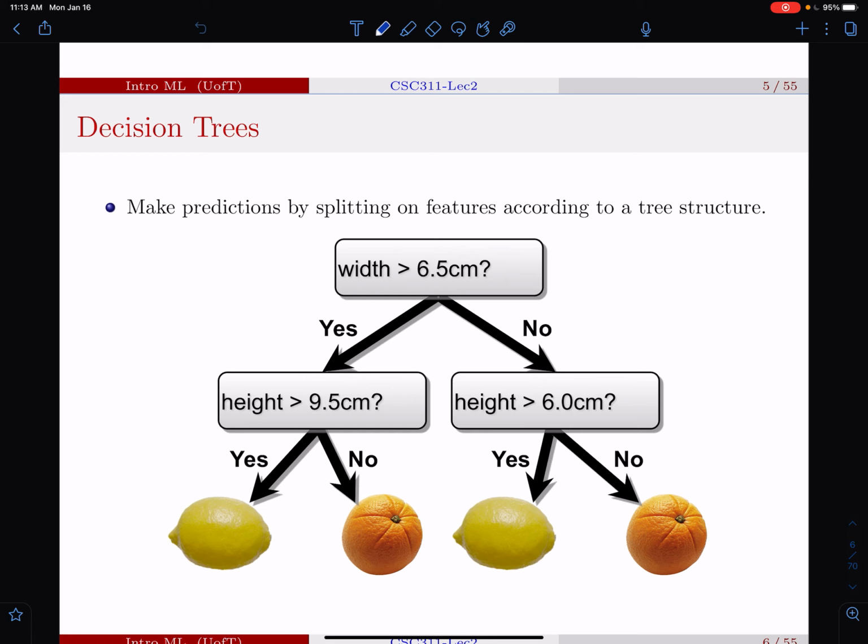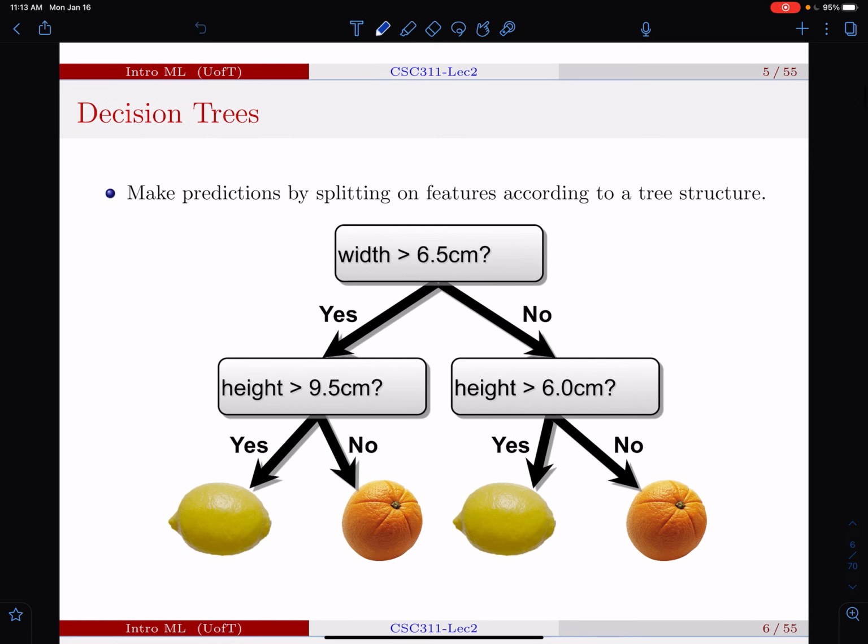And then depending on which node you end up at next, you have another question, and then you go down another one of the branches of the tree. So this is the basic decision tree setup, and throughout lecture today, we'll be talking about how you go about designing these decision trees and learning the decision trees from data.